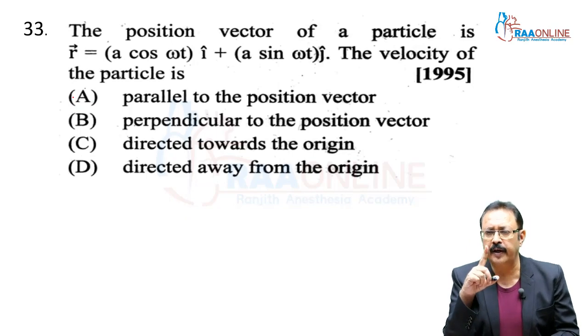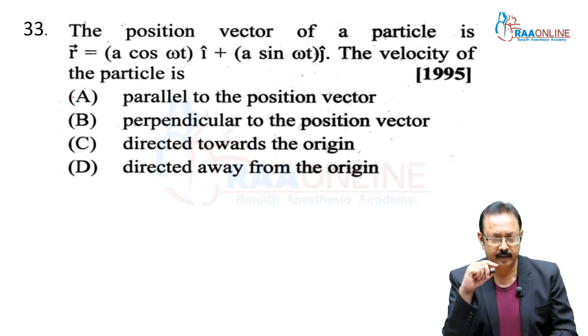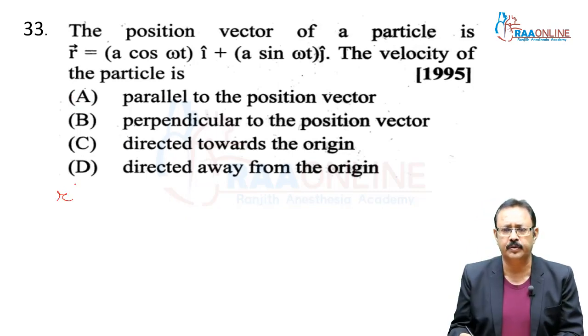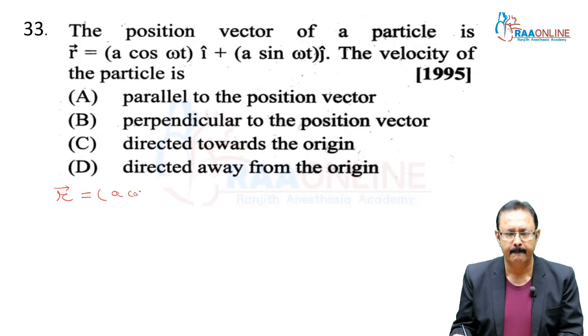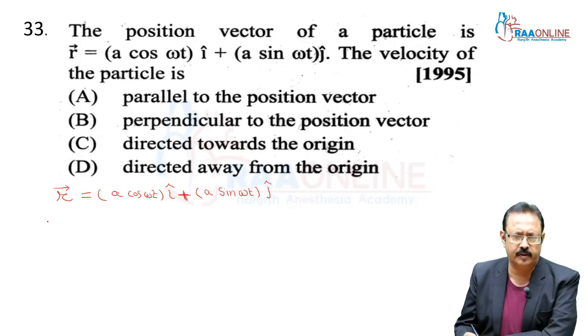The position vector of a particle is R is equal to this. But we want to calculate velocity.